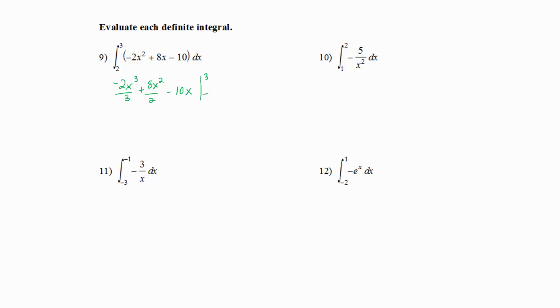We're not going to put plus c because we want to plug these numbers in. So we're going to plug in 3. And then we're going to minus what we get when we plug in 2.